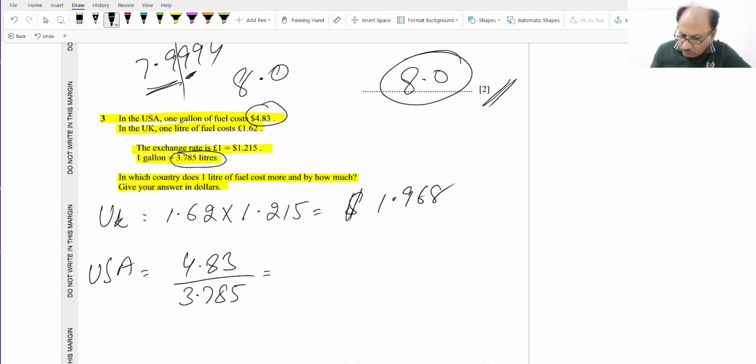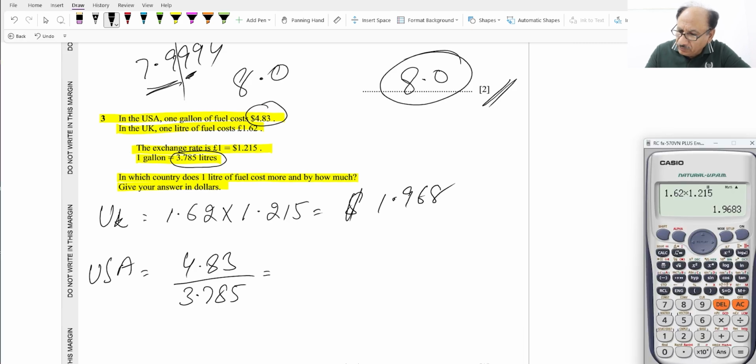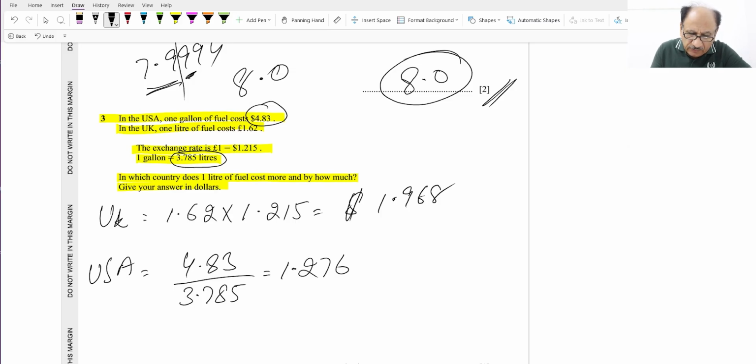We can calculate this: 4.83 over 3.785 will be equal to 1.276. Now the difference, this is also in dollars, so the difference will be 1.968 minus 1.276.